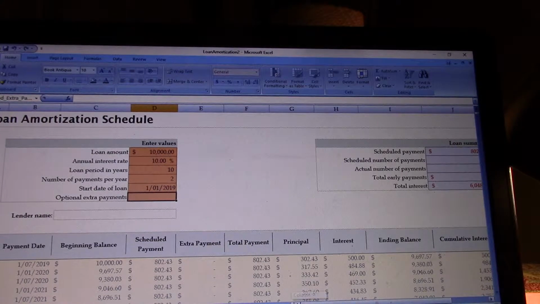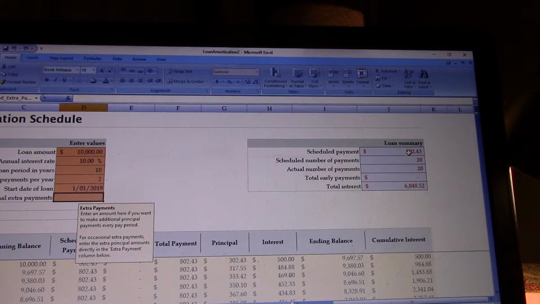So you see, it will tell you the loan summary and the scheduled payment. If you use the PMT function, you will get the same result, $802.43. That's the answer. This is a semi-annual payment over the next 10 years, so 20 payments. It tells the total interest paid, but we don't want that.